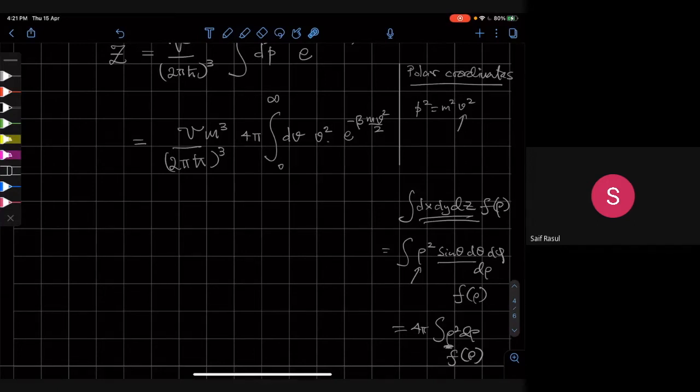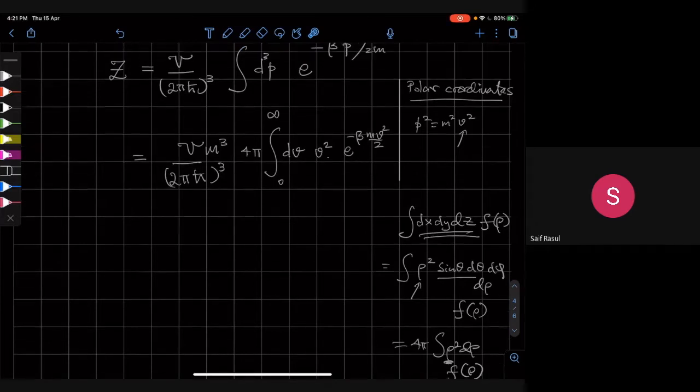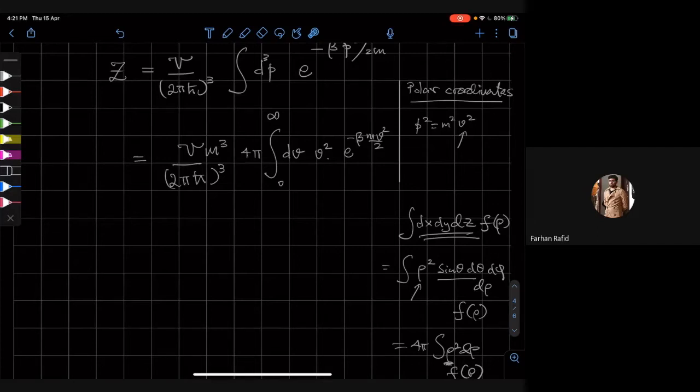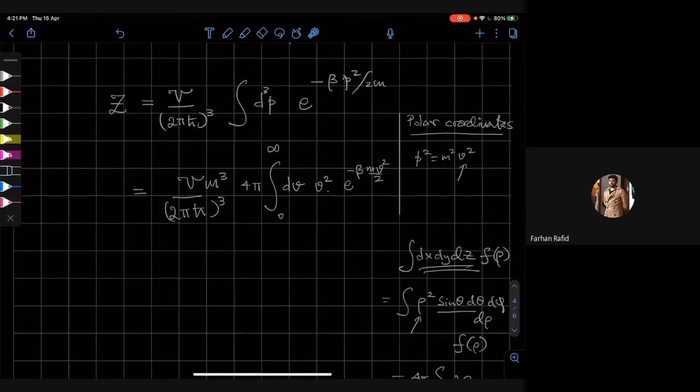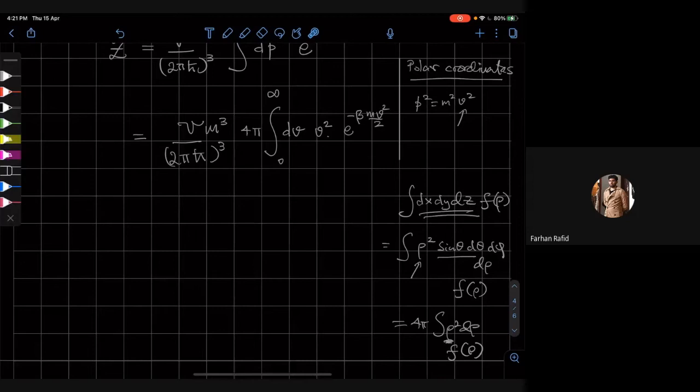All right, so now what we can do is... Sir, how does the 0 to infinity limit come from the previous line? Well, the 0 to infinity limit has a geometric interpretation, where rho is the polar vector, the distance from the origin to the end.